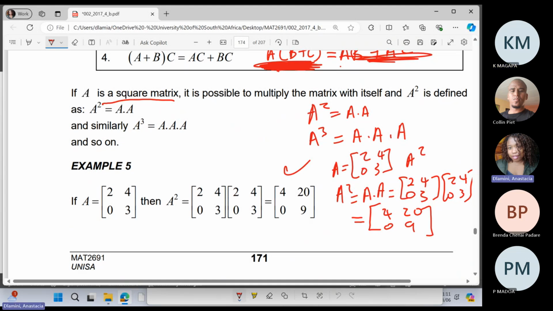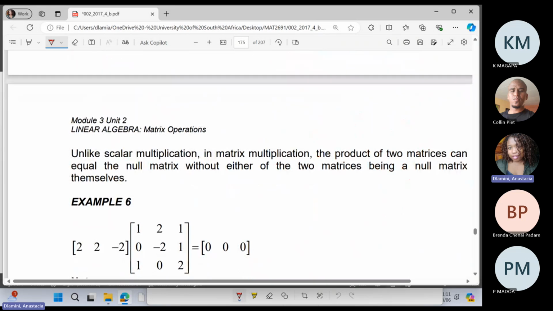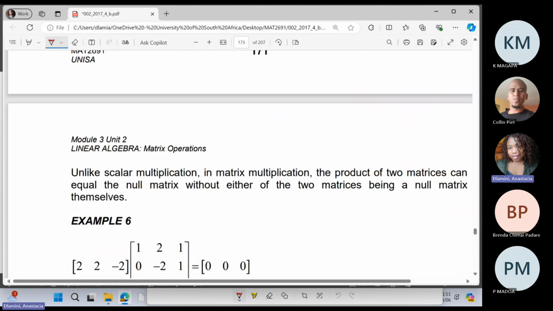Unlike scalar multiplication, in matrix multiplication, the product of two matrices can equal the null matrix without either of the two matrices being null.